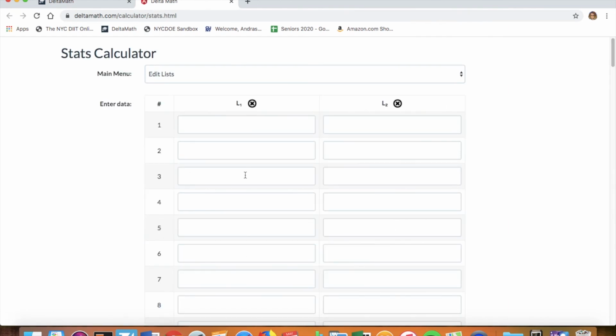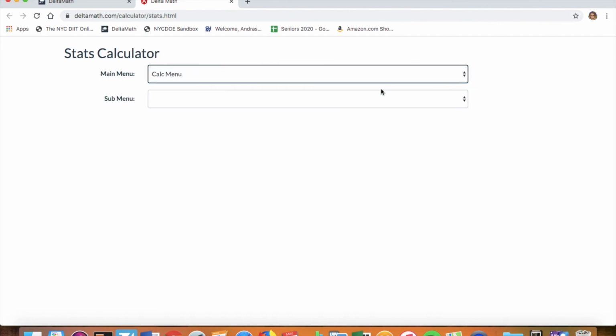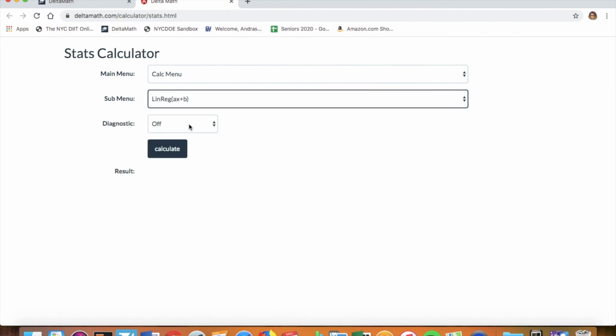You type your data into L1 and L2. You go to Calc menu, and you go to Lin Reg, this one here where it says AX plus B. You are going to turn your diagnostic on. Diagnostic helps you find that correlation coefficient, and then you will press calculate. I'm not going to do this because I didn't type anything into L1 or L2, but once you do that, you will use these steps.